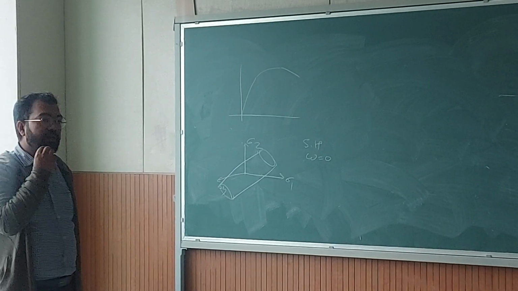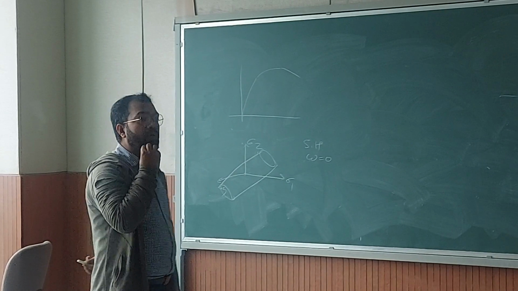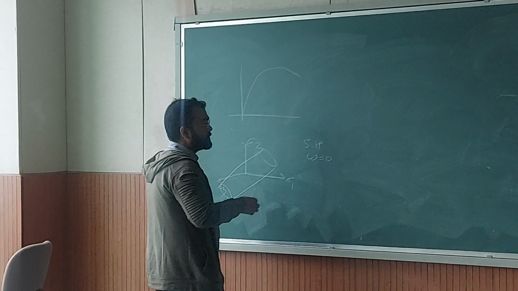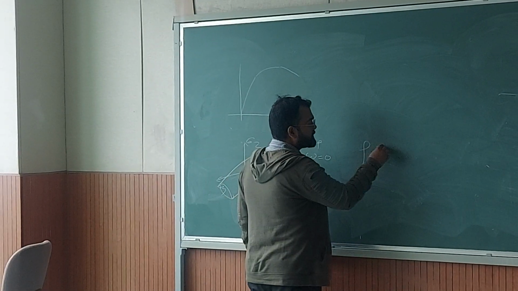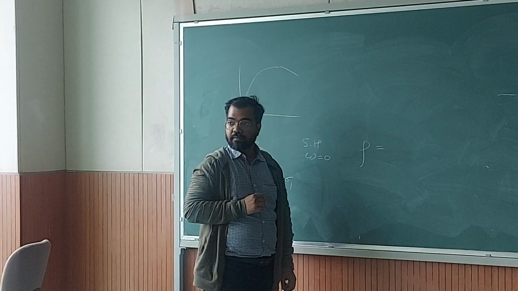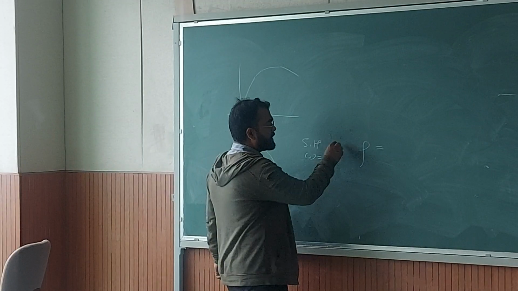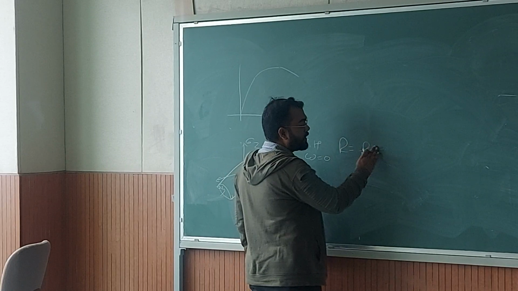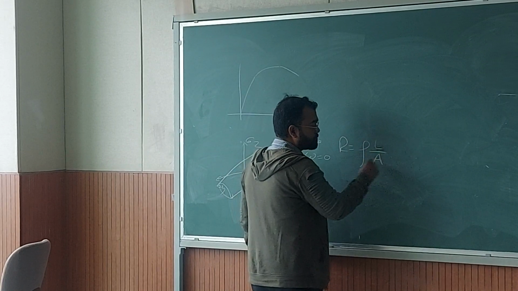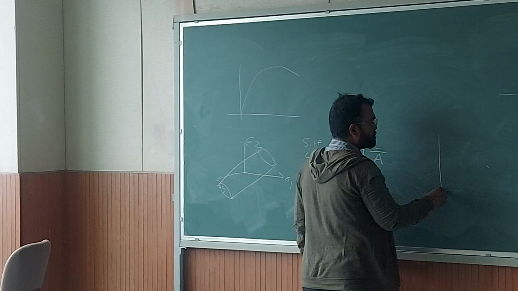Whether or not it will give you any signature, you can write resistance as R equals rho into L by A, right?